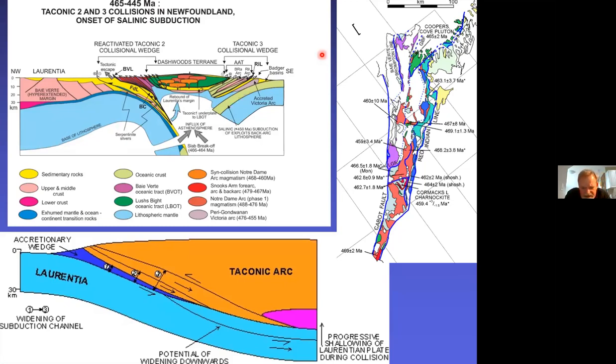On the slides on the left, you can see how I visualize how this process takes place. Basically, over time, the subduction channel is widening into the hanging wall and progressively picking up arc material and bringing it down, and then causing it to be metamorphosed.